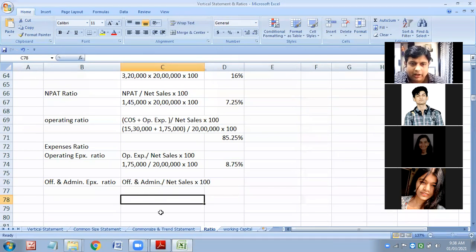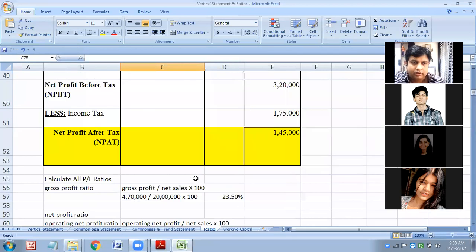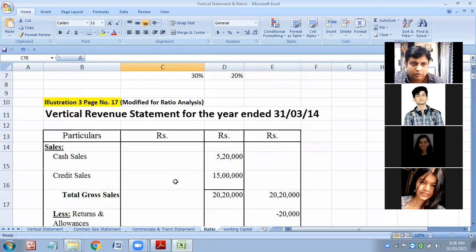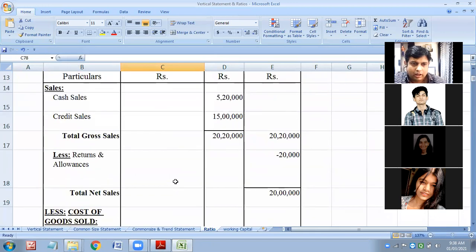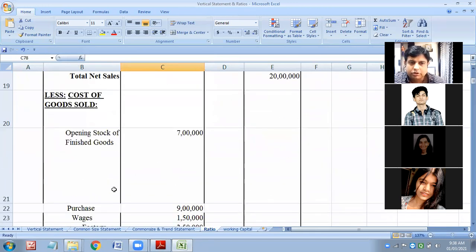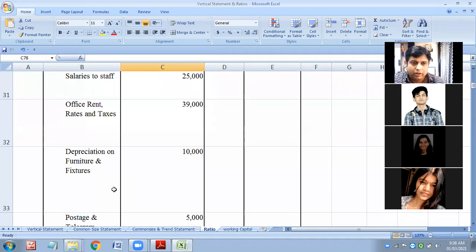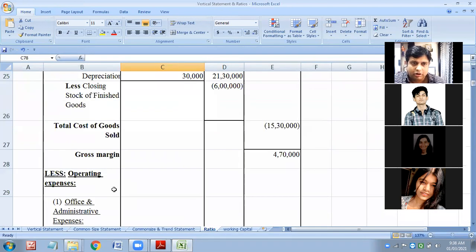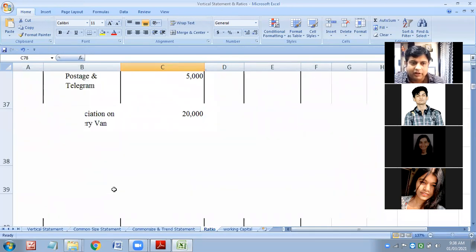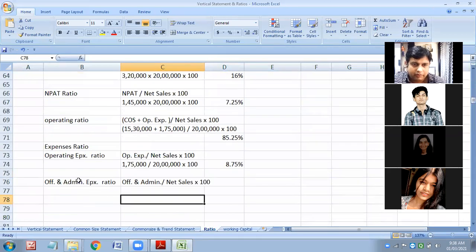Likewise, all ratios we will calculate, even the stock turnover ratio. Which stock do we have? I think we have only finished goods stock. So finished goods stock turnover ratio is cost of sales upon average stock of finished goods. यहाँ पे we will calculate selling and distribution. So all these 5 ratios we will calculate, then only my ratio calculation of the income statement will be done.